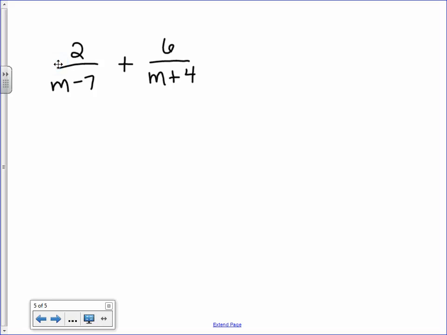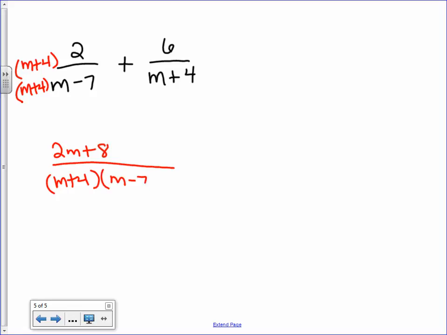Okay, what does this side need? m plus 4, m plus 4. So I'm going to have 2m plus 8. And what does this side need? 6m minus 42.